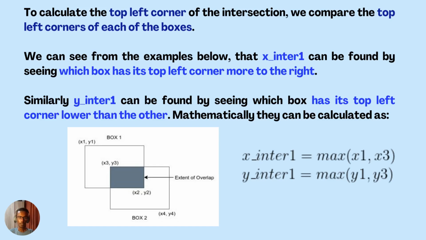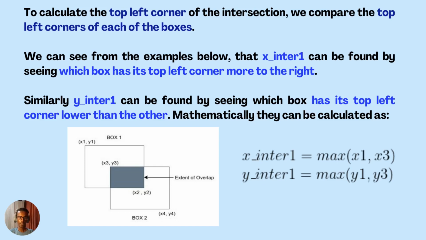We can see from the examples below that x inter 1 can be found by figuring out which box has its top left corner moved to the right. Maximum across the x-axis means the one which is further to the right. We compare x1 and x3, and x3 is a little bit further to the right than x1, so we choose x3 for our intersection region.